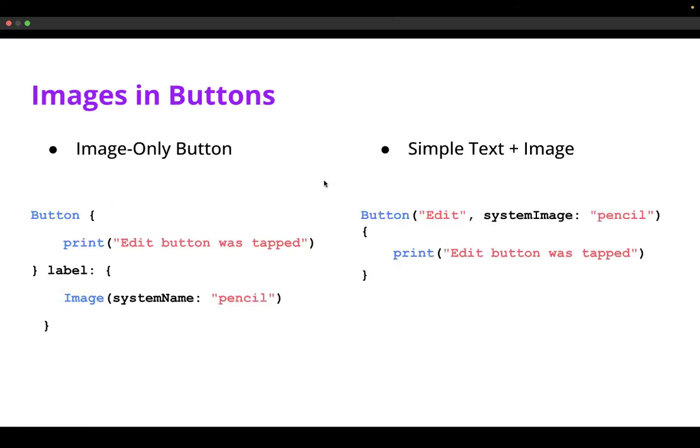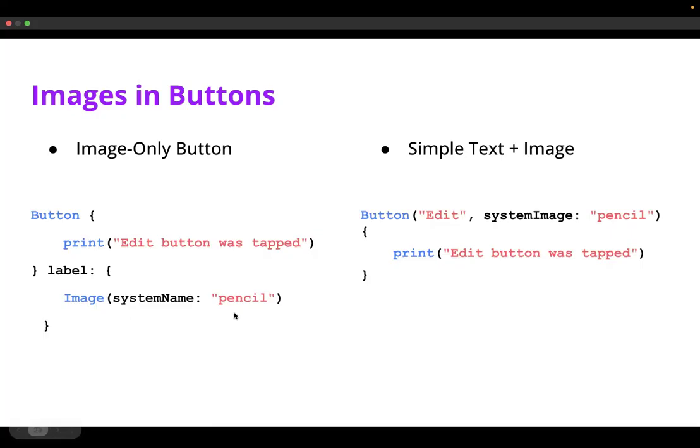Okay, and also now combining what we've learned with both buttons and images, we can also put images in buttons. So in this case, this button, we're defining it using that more advanced label type that we talked about earlier.